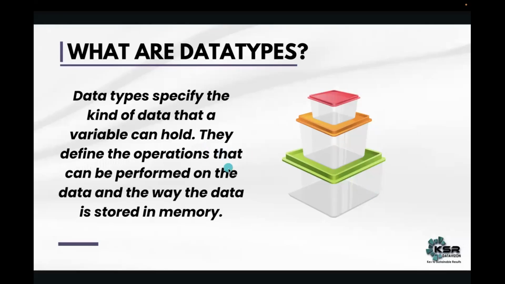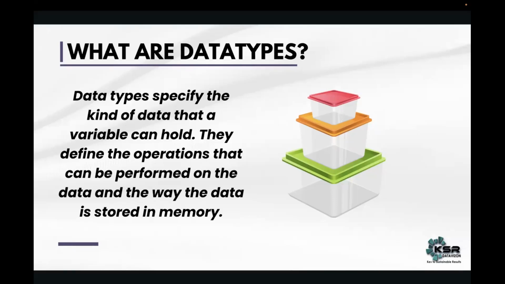They define the operations that can be performed on the data and the way the data is stored in memory. The way the data is stored in memory, I have explained. Operations here means, if it is an integer data type, can you add two integers? Once Java knows that it is an integer, Java also knows that you can add them, and that you can subtract them.